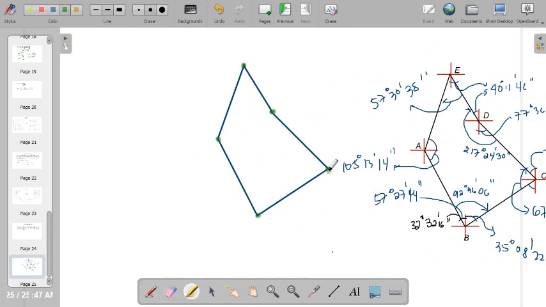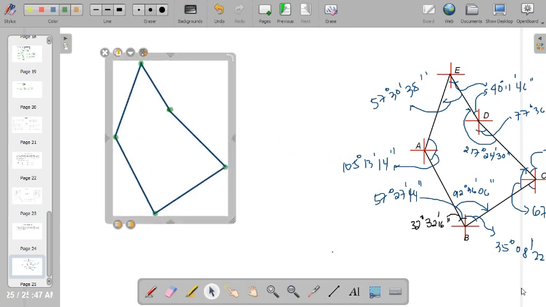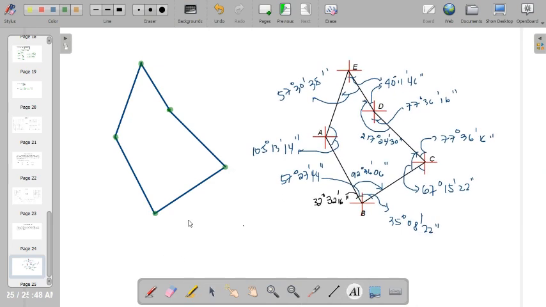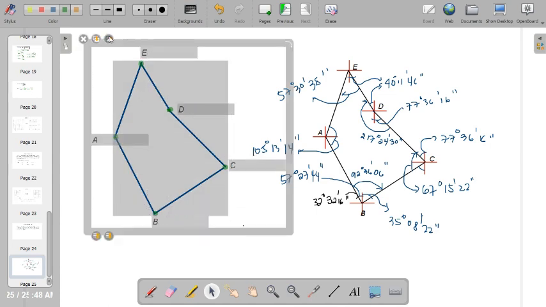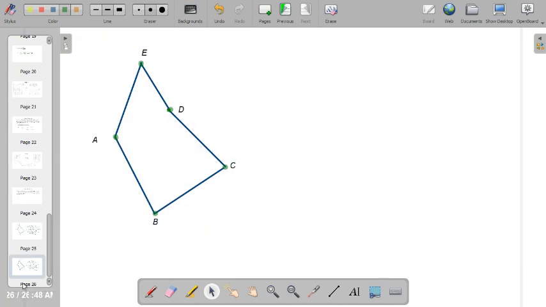We just group it, and then we label it as A, B, C, D, and E. Alright, we group that. And then we are going to solve for the sum of interior angles now.